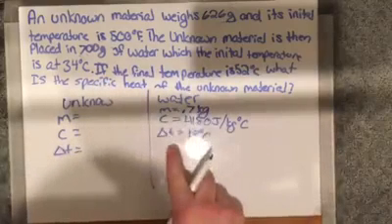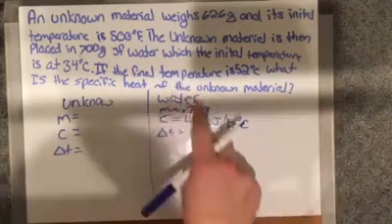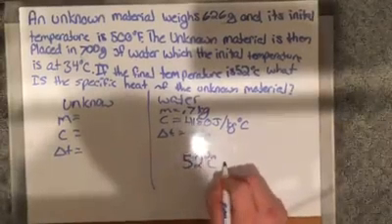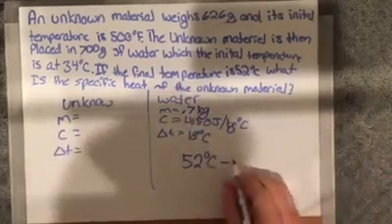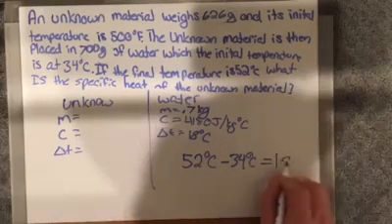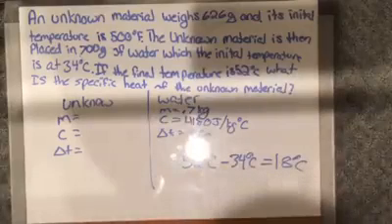To find the temperature change for water, we know that our final temperature is 52 degrees Celsius minus our 34 degrees Celsius, which leaves us with 18 degrees Celsius.